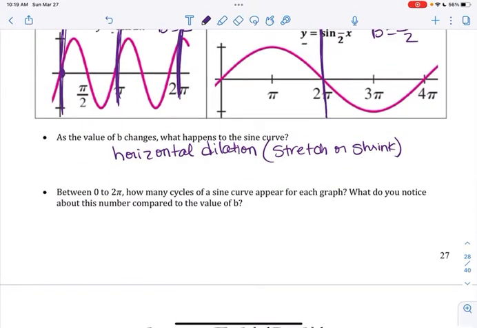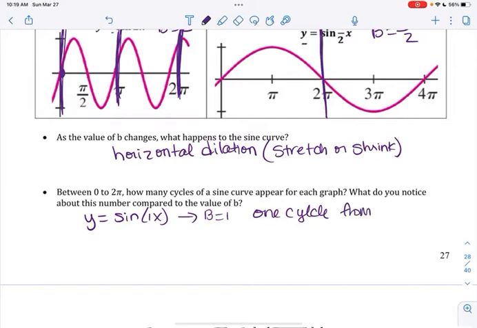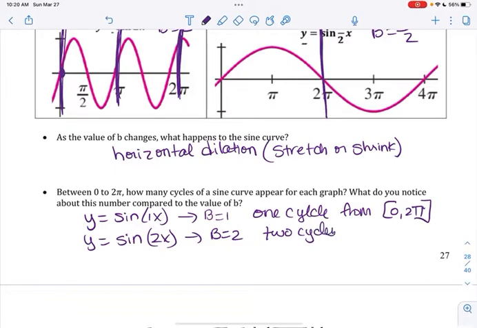Between 0 and 2 pi, how many cycles of a sine curve appear for each of the graphs? In the regular graph, y equals sine of 1x, I didn't have the 1 written there. B is 1, and there's one cycle from 0 to 2 pi. When y equals sine of 2x, B is 2, and there are 2 cycles from 0 to 2 pi.